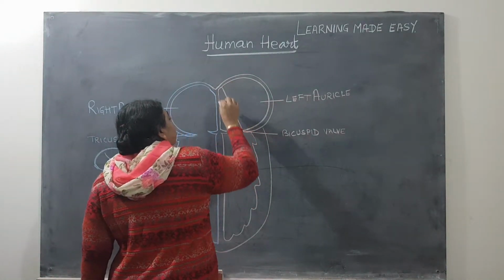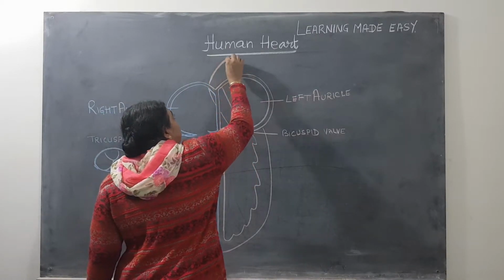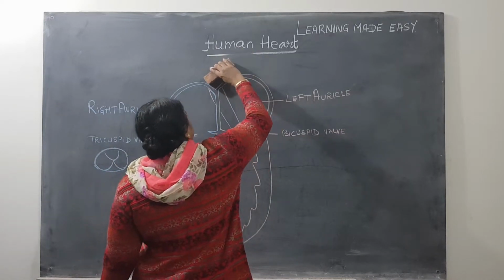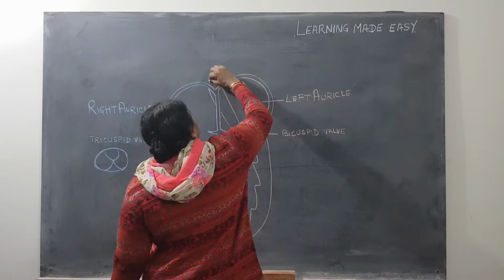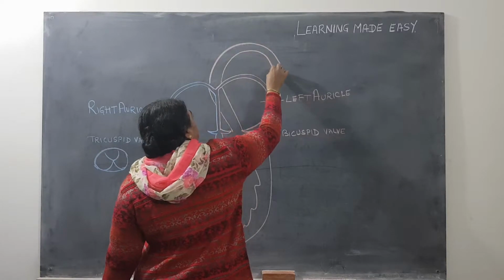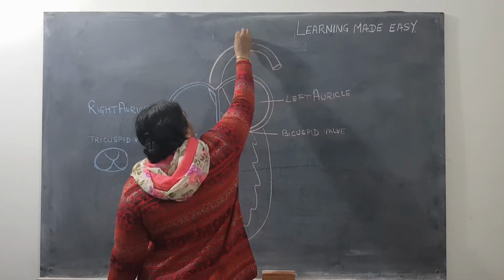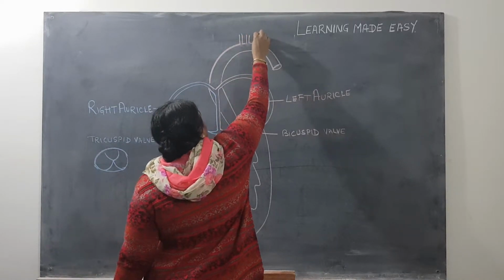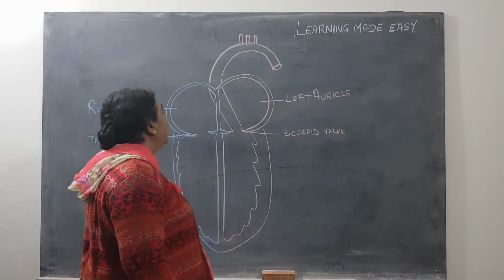This big vessel comes out of the heart, bends downwards. This is called the aortic arch or aorta.